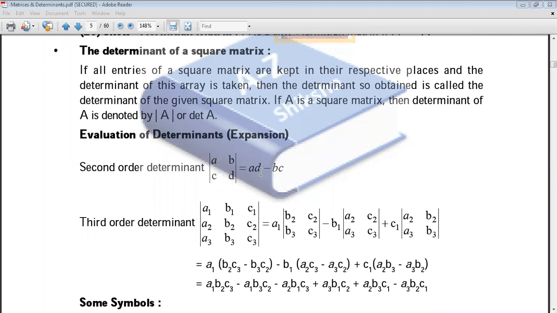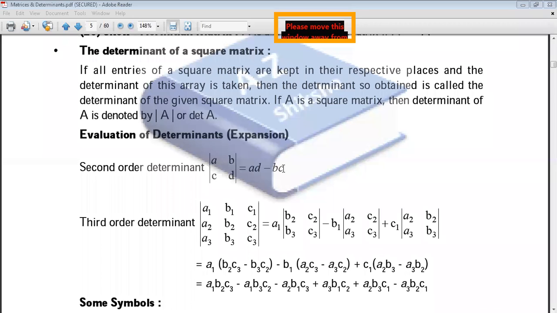Then for expansion, a minus is given in the formula; this minus of the formula will come automatically. Then again you have to multiply the upper right corner element to the lower left corner element, that is B into C. Getting my point? How is the expansion of a second order determinant?